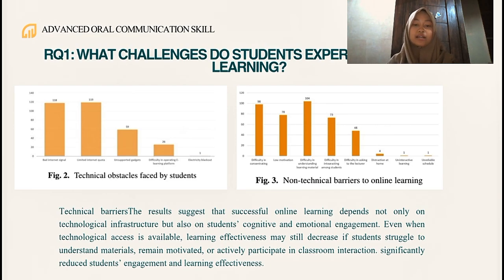These include unstable internet connections, limited data quotas, inadequate devices, and unfamiliarity with the software. Conversely, the non-technical challenges involve internal issues such as difficulty comprehending materials, decreased concentration during prolonged screen time, reduced motivation, and an apparent lack of interaction with peers and lecturers.